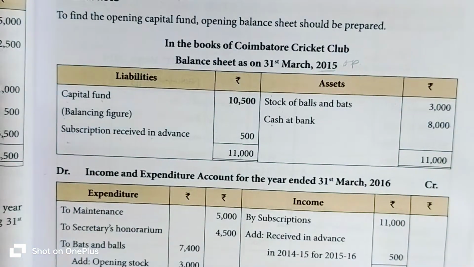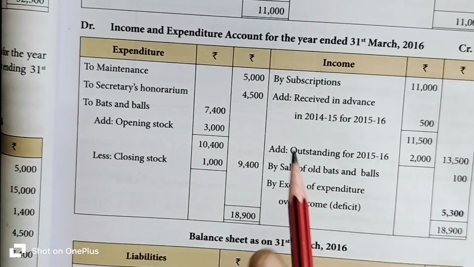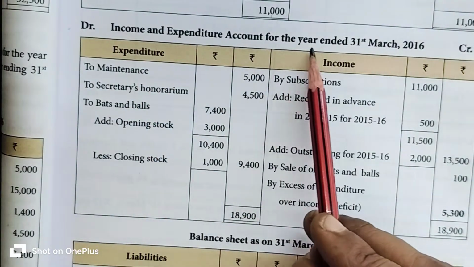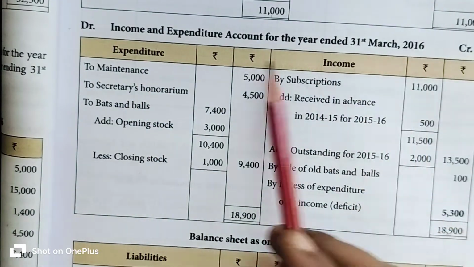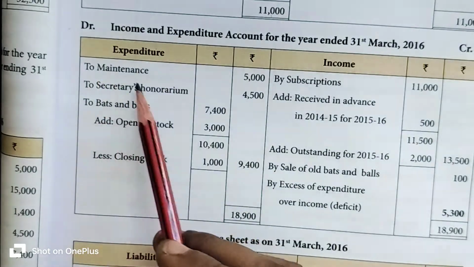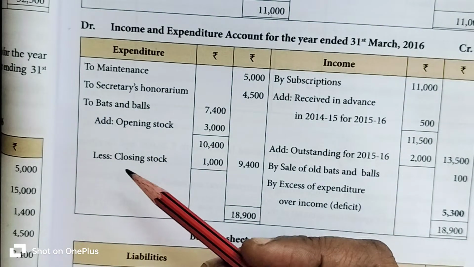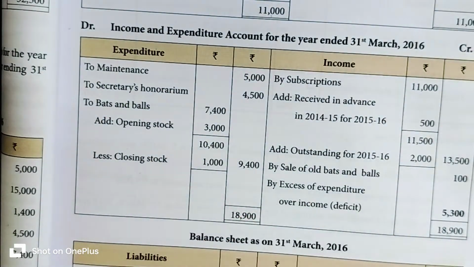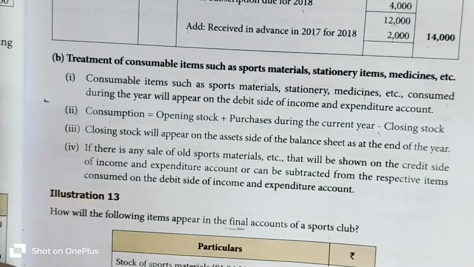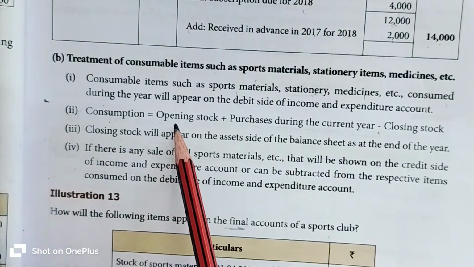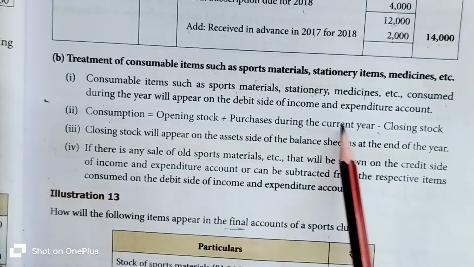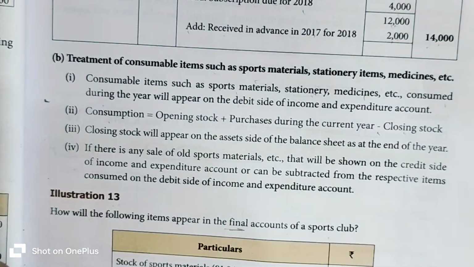Okay. Now we are going to prepare the income and expenditure account for the year ended 31st March 2016. The format is also prepared. On the expenditure side, we always start with, as per the format, consumption of sports material: opening stock plus purchases minus closing stock, right?